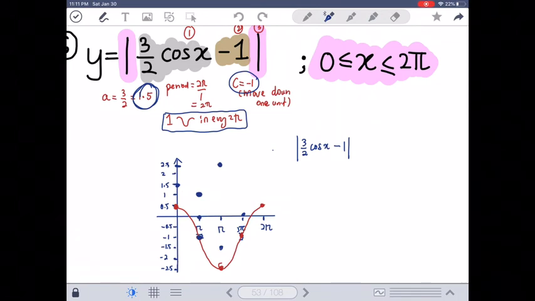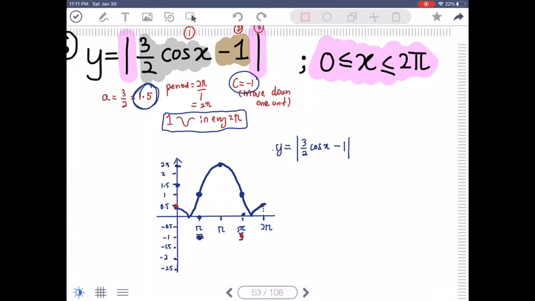And negative 1 becomes 1. So the new graph will look something like this. Now you can erase the bottom part. Right, so this is the graph of y equals to modulus 3 over 2 cos x minus 1.